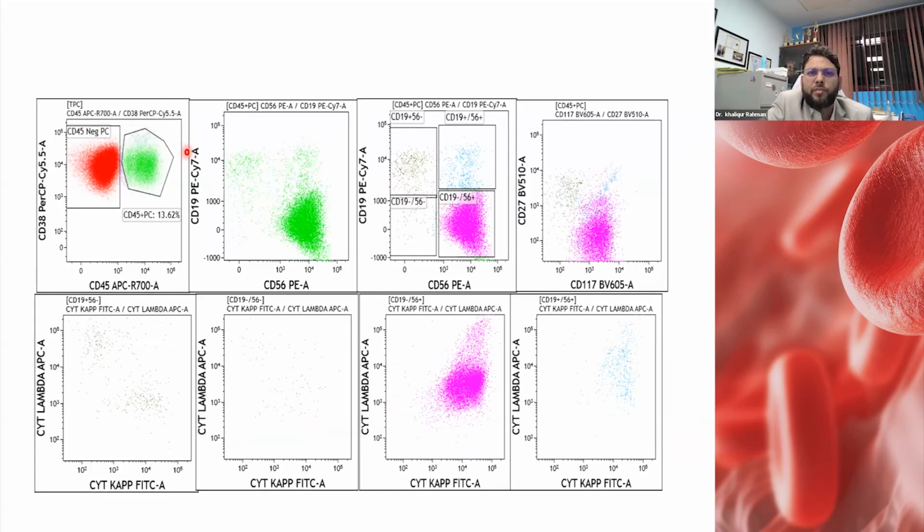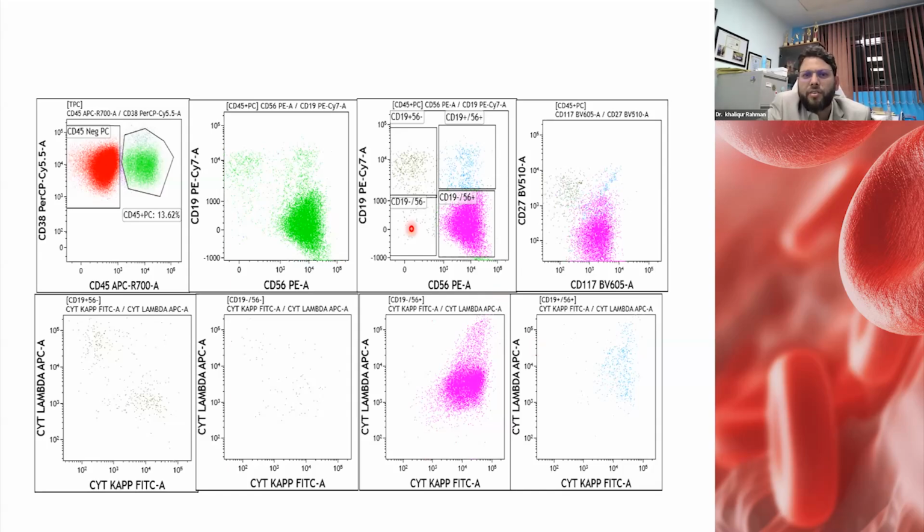And this green population we see is also 56 positive, nicely negative for 19. Now, if we divide these populations, we have the 1, 2, 3, 4 subsets that I told you. This subset with 19 positive, 56 negative is cytoplasmic kappa and lambda polyclonal. This subset, 19 and 56, which is present over here, is monoclonal towards kappa, similar to that magenta color population.